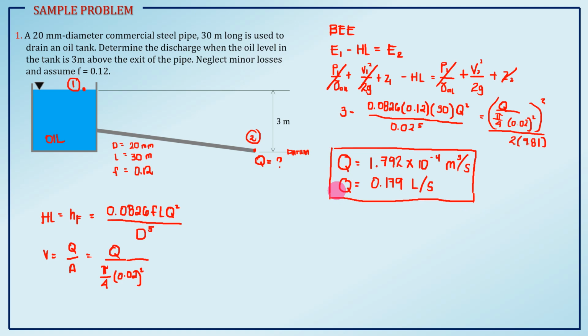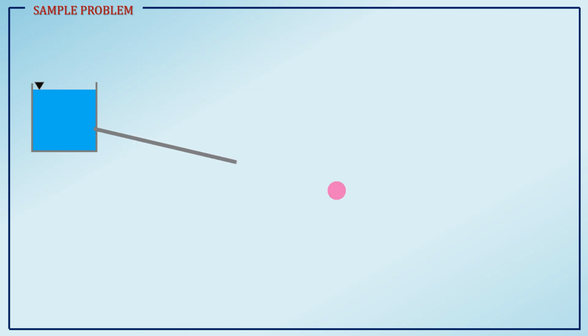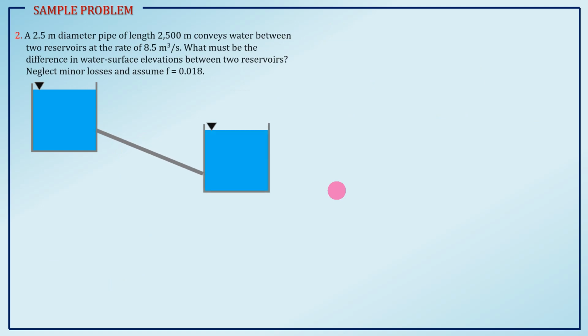Okay, so let's proceed. We have sample problem number 2. A 2.5-meter diameter pipe of length 2,500 meters conveys water between two reservoirs at a rate of 8.5 cubic meters per second.